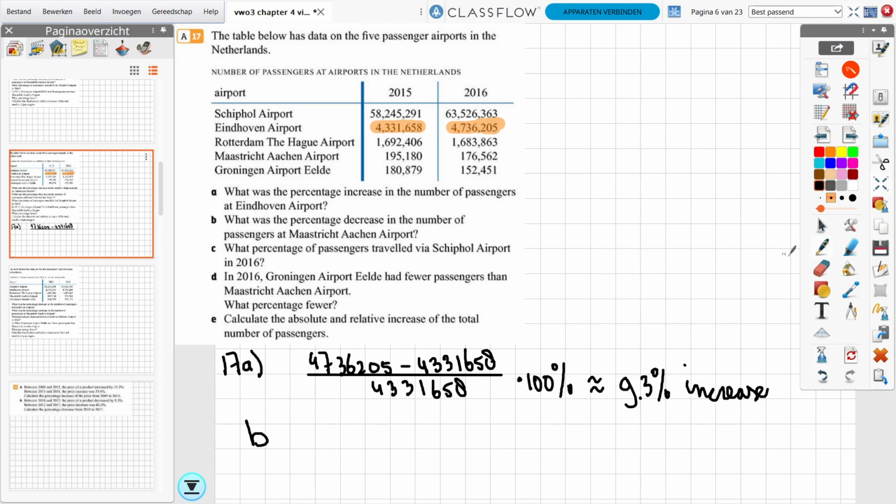And B, we're going to do almost exactly the same, only this time we're interested in a different airport, Maastricht-Aachen. And instead of an increase, we have a decrease. The book prefers still using new minus old over old. In this case, new is lower than old, because we're talking about a decrease.